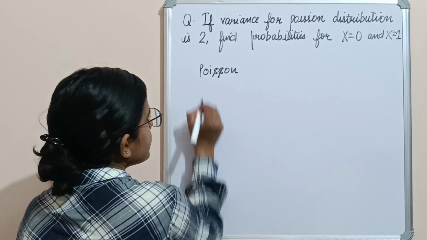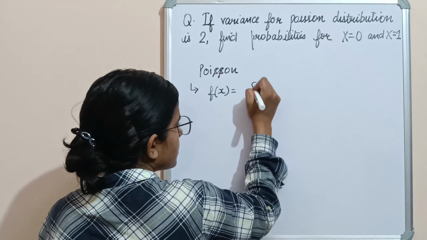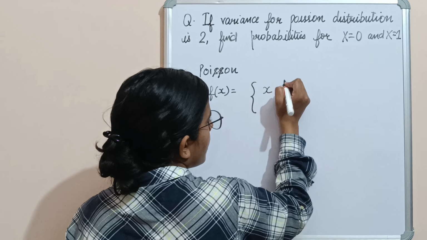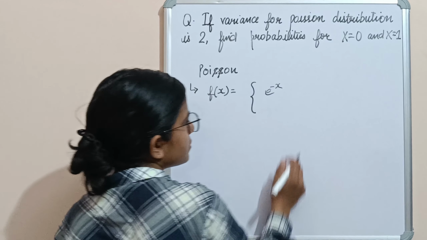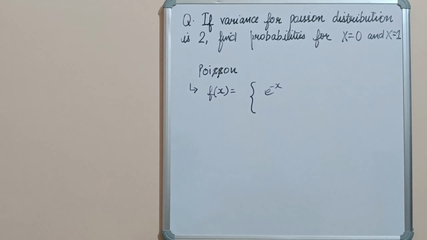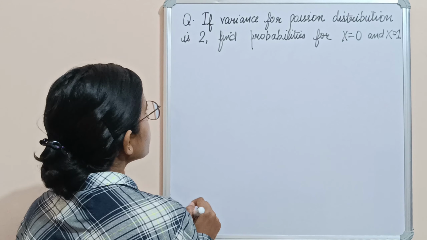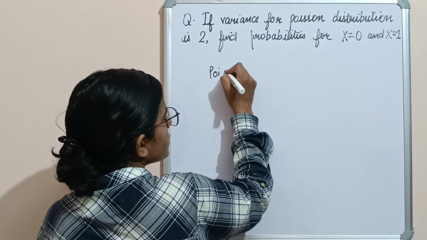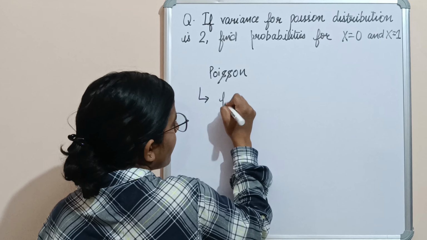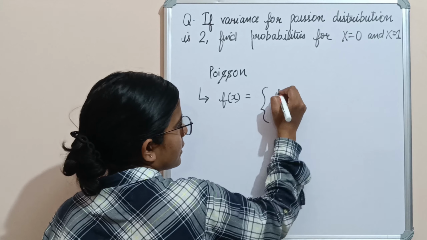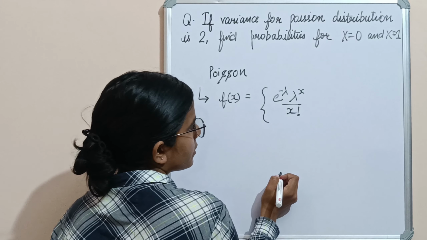is a discrete random variable and its probability function is e raised to power minus lambda, lambda raised to power x, by x factorial.